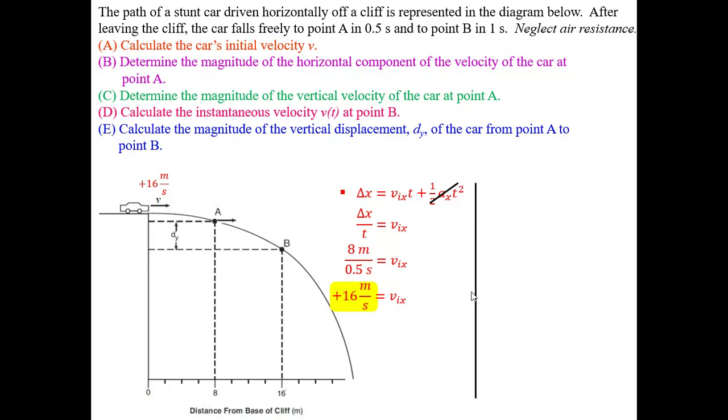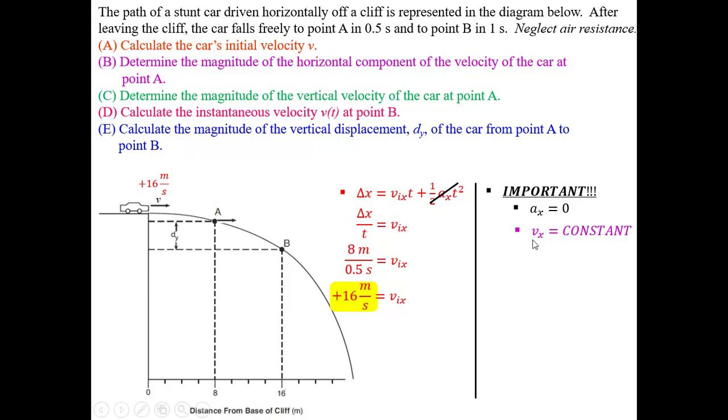Keep in mind for two-dimensional motion, because AX is equal to 0, the car or object or particle does not accelerate horizontally. It just accelerates downward due to gravity. So therefore, because AX is 0, your Vx must stay constant. The object is not accelerating in that direction.